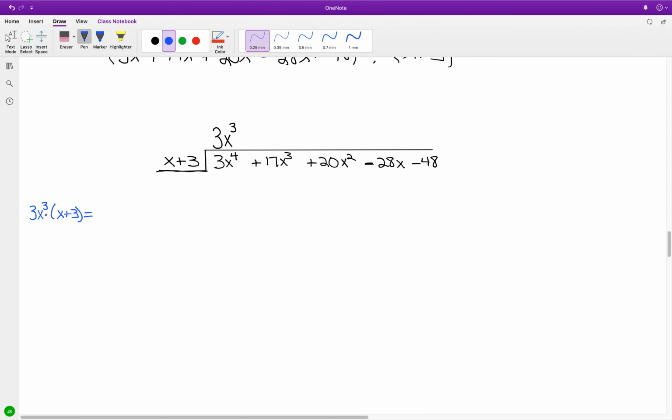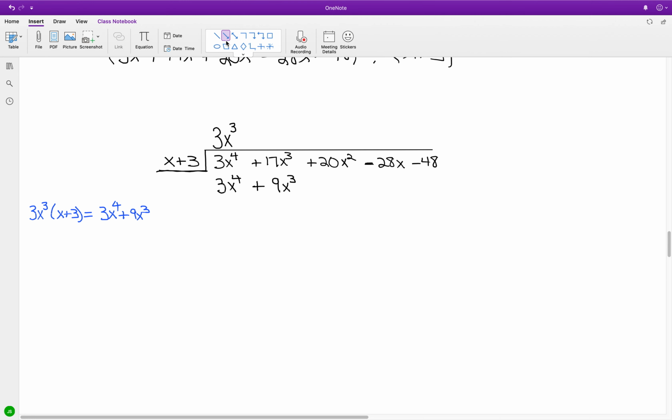So we have 3x cubed times the quantity of x plus 3, so that will make 3x to the fourth, 3x cubed times 3, so that will make 9x cubed. And we're going to have these terms lined up underneath the like terms that we have in fourth and third degree.